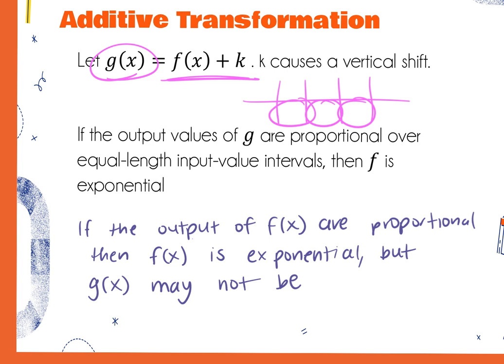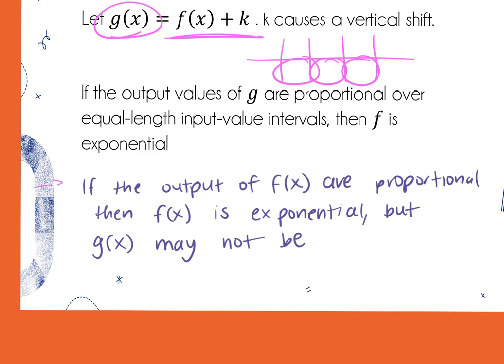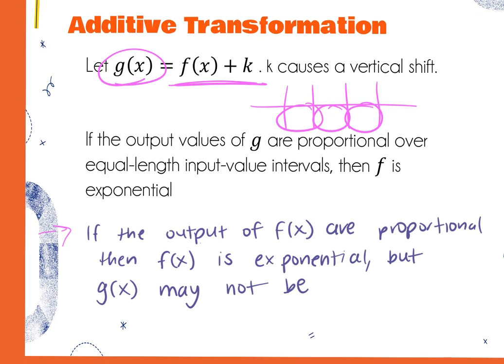Just because I have an initial exponential function does not mean its shifted graph is also proportional. So if I said g of x equals f of x plus k, what can you tell me about g of x and f of x? It's the first question on your AP homework.